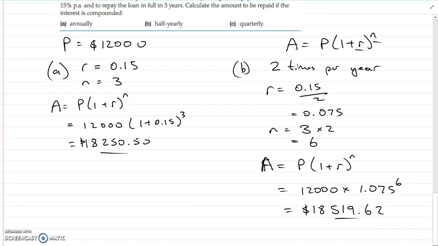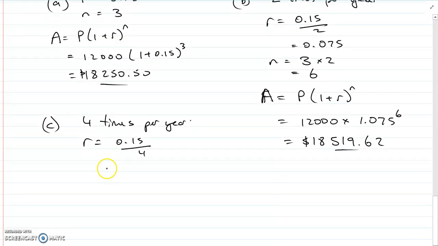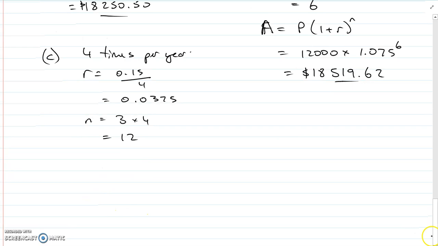That's actually a little bit more than if it's annually. We have to pay more money back. C, quarterly means 4 times per year. In this case R is going to be 0.15 divided by 4, which is 0.0375. And N is 3 years times 4 times per year, which is 12 payments.